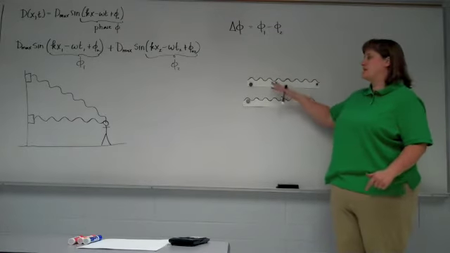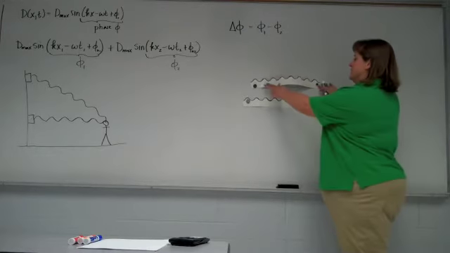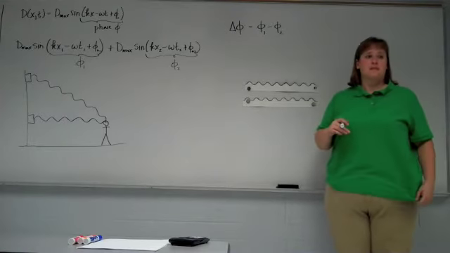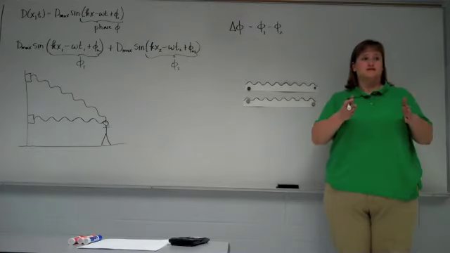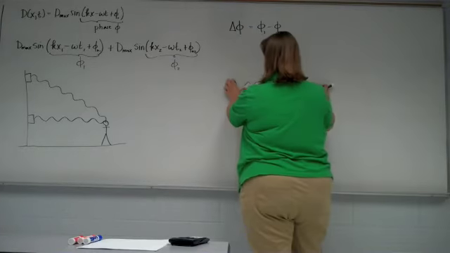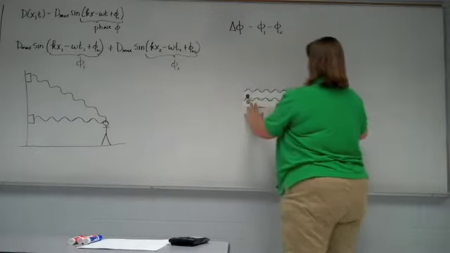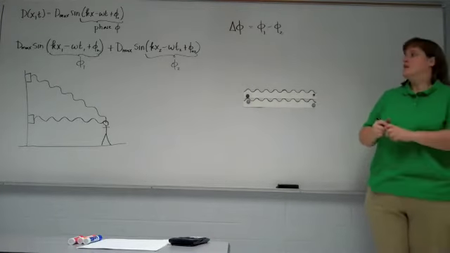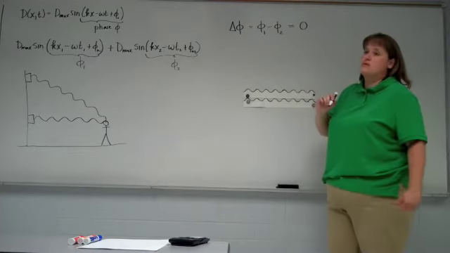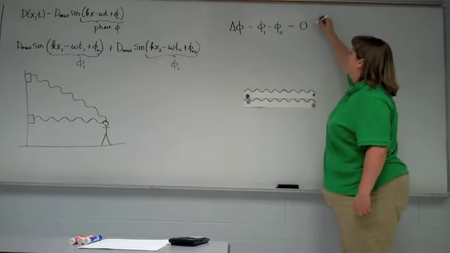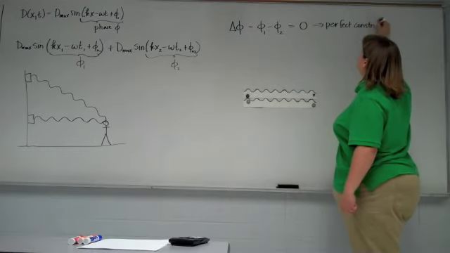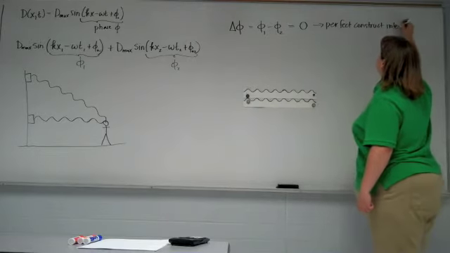What does it mean to be in phase? How do I need to line these up to make them in phase? The peaks and the valleys need to match up. Right, so the peaks need to be right on top of each other, the valleys right on top of each other. So like that. So if this is 0, we'll get perfect constructive interference.